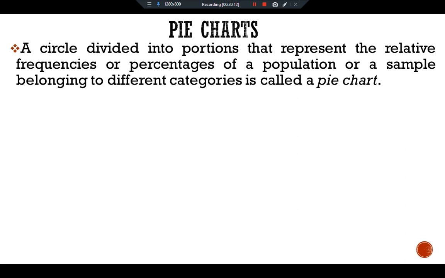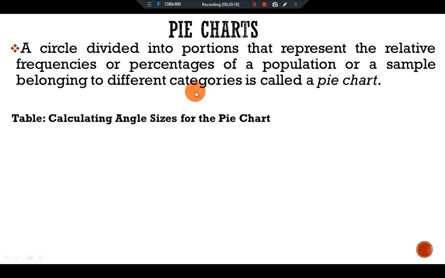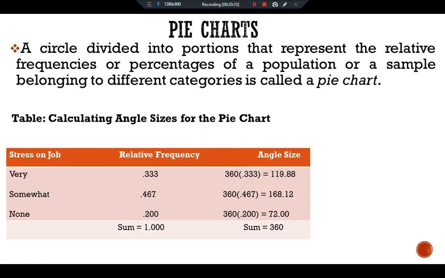Let's see the pie chart with the help of an example. We have the data from our previous slides, that is the stress on job, and we are calculating the angle size for the pie chart. One thing to note here is that a circle contains 360 degrees. To construct a pie chart, we multiply 360 by the relative frequency of each category.